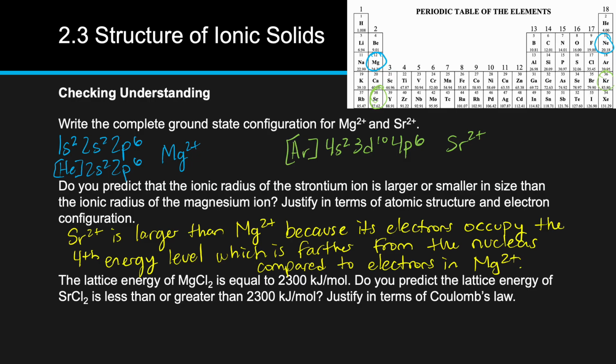We know that the bond between magnesium and chlorine is going to be stronger than the bond between strontium and chlorine. And since the bond is stronger, it's going to take more energy to break that bond. So because it's going to take more energy to break the bond of magnesium chloride, that means the lattice energy of strontium chloride is going to be less than that of magnesium chloride.